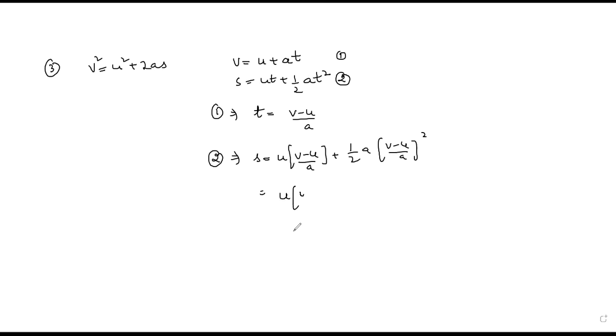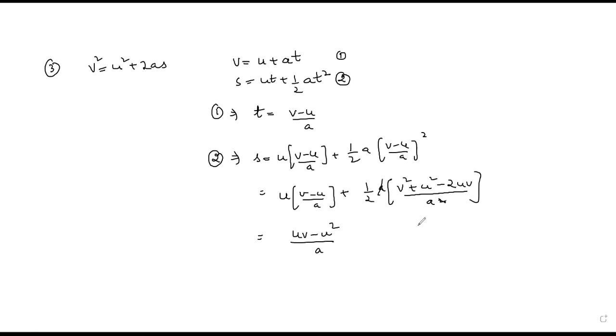So we can write (v minus u) upon a over here, and expanding this, (a minus b) whole square, you can say v squared plus u squared minus 2uv, and this becomes a squared. So one power of a can be cancelled from here. What we finally have is (uv minus u squared) upon a plus v squared.